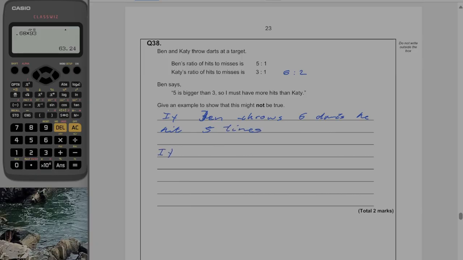If Catty throws 8 darts, she hits 6 times. So Catty has more hits. And that would be fine.